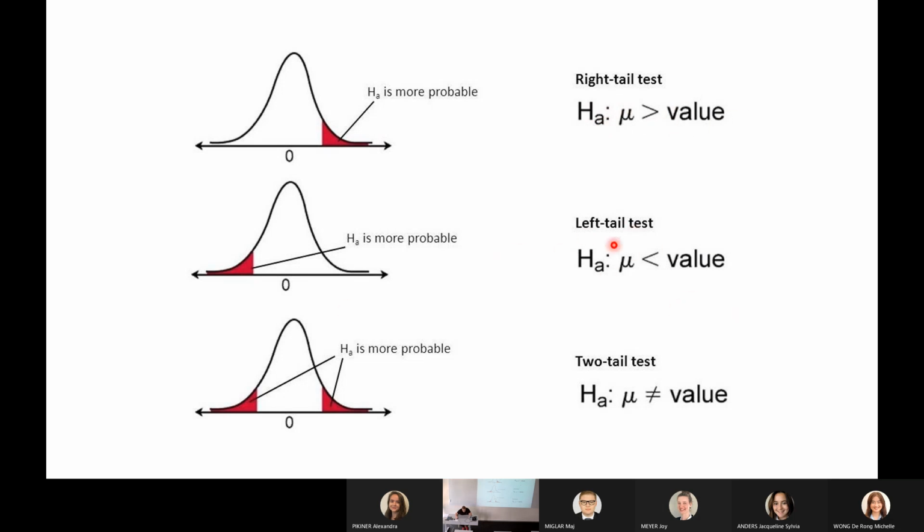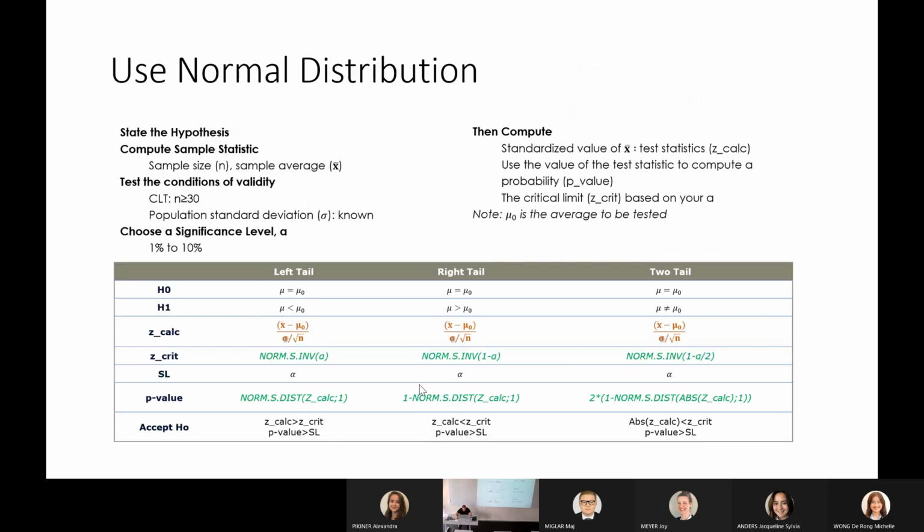For the left tail, the mean is lower than the value. For two-tail, we want to prove that the mean is not the value. The H0 hypothesis in every case will simply be that mu equals the value, right?